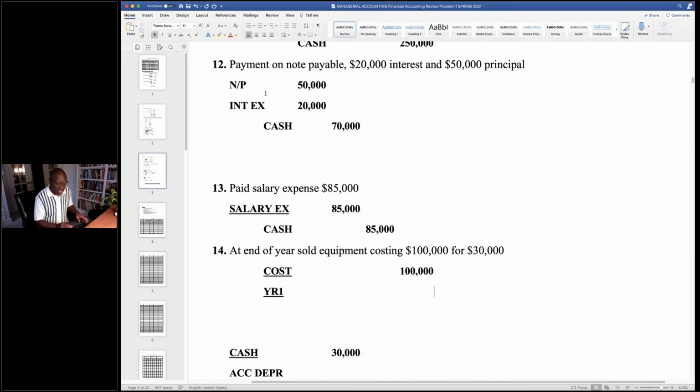We would have taken 40%, and so the depreciation would have been 40,000 on this 100.